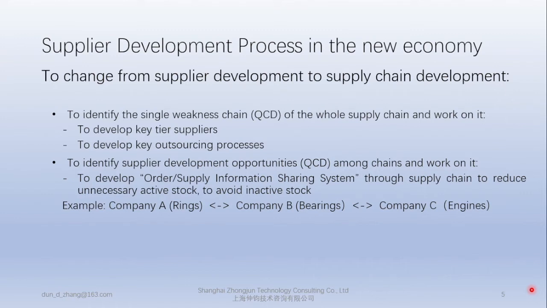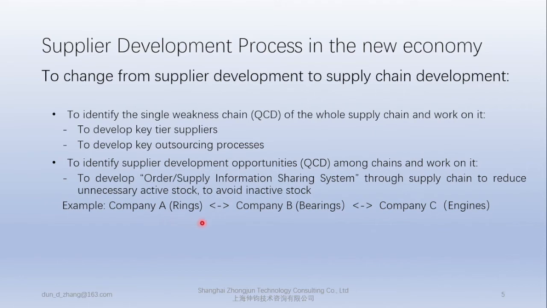In the meanwhile, because company A has inactive stock, they do not have enough money to buy raw material. But company B needs another kind of ring from company A. So company A cannot meet the requirement of company B, and company B cannot supply company C. So what we can see is that company A has inactive stock and no money to buy raw material.